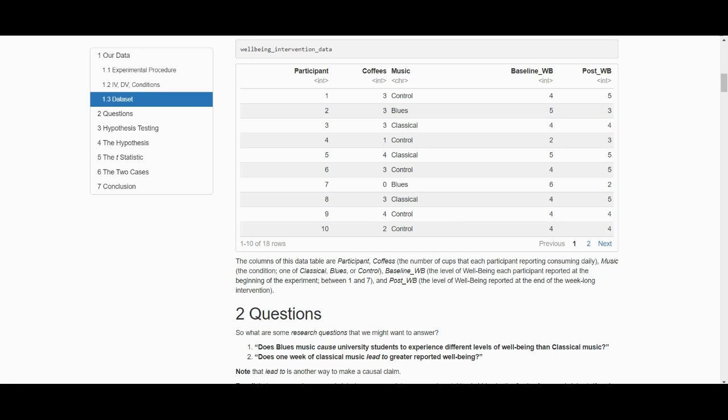And this is exactly like what you would get in a test question, for example, if you were to have to compute some statistics. So I have a couple pages here. That's just because we have more than 10 rows. We actually have 18 rows because we have 18 participants. So these are the first 10 participants. We also just have these other 8 participants, make up the entire 18 participants that were included in this study.